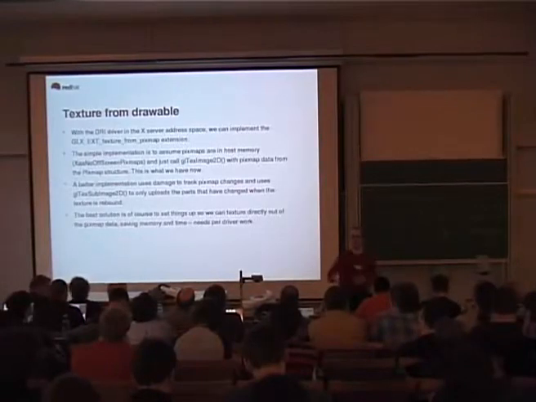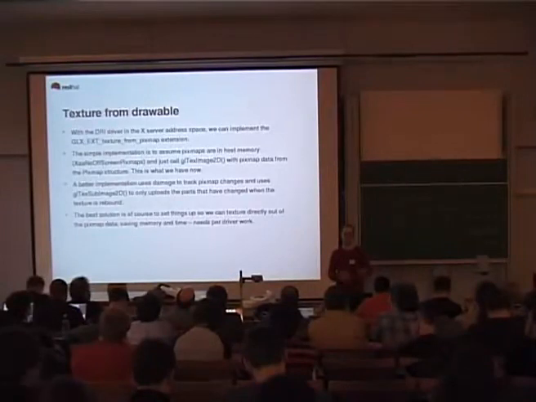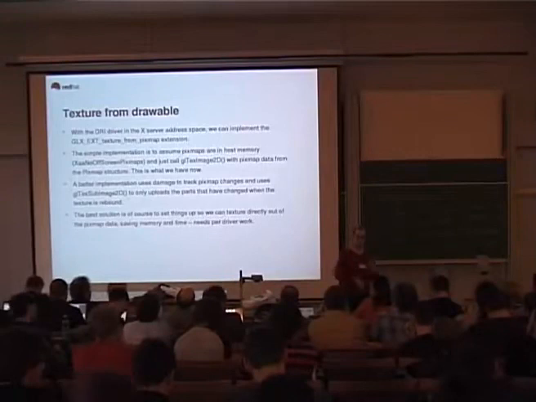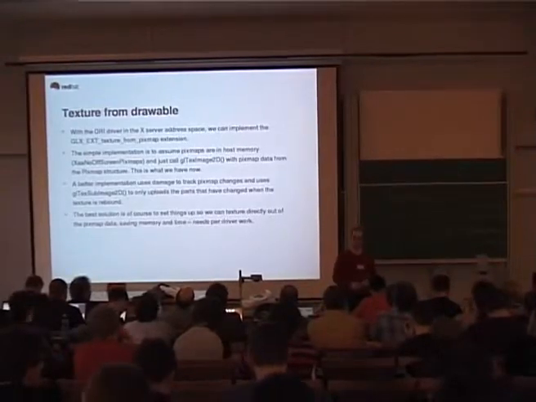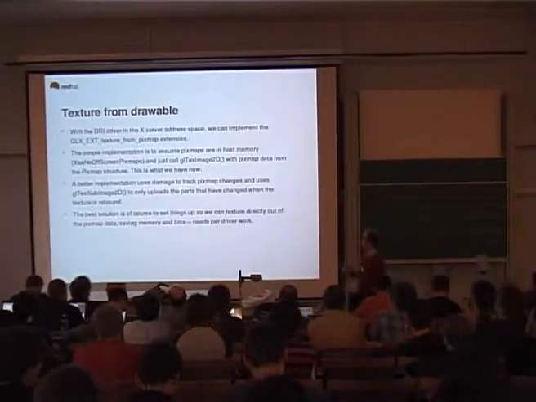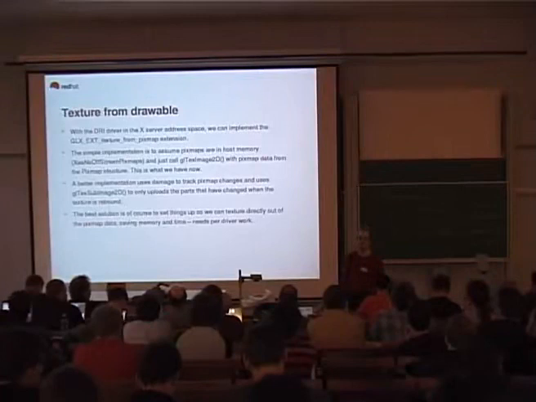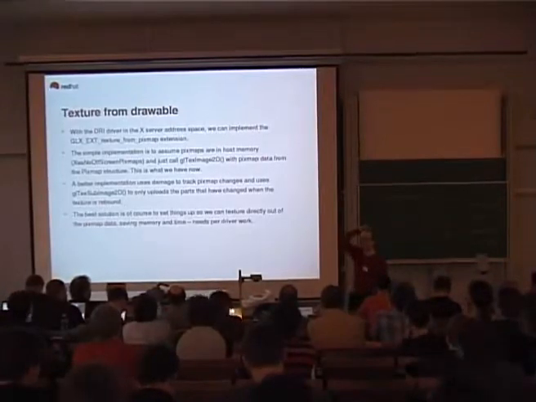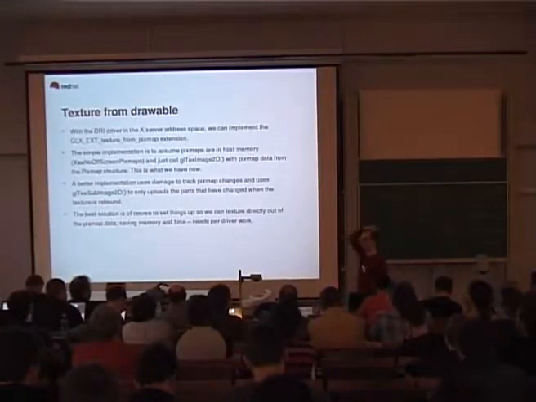So we go from host memory and copy it into video memory on every object. That's what we're doing now. It's one of the biggest performance bottlenecks in the composite desktops as we've seen today, and it's something we'd like to fix.